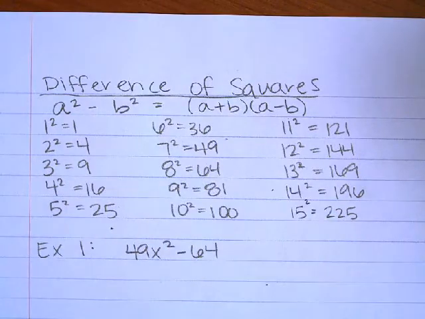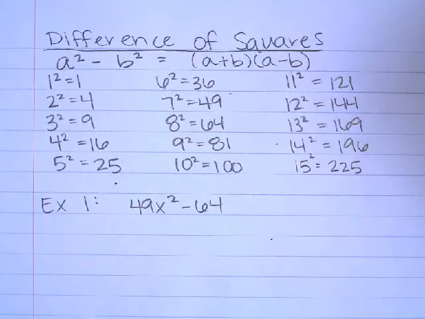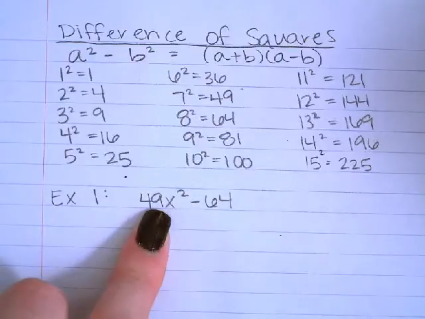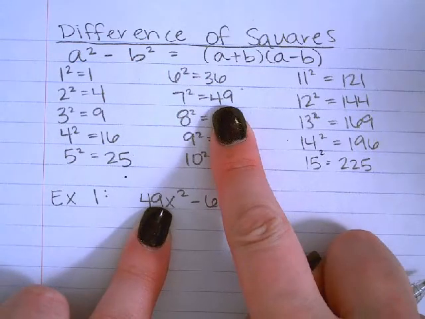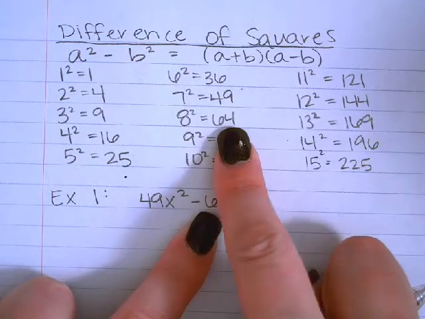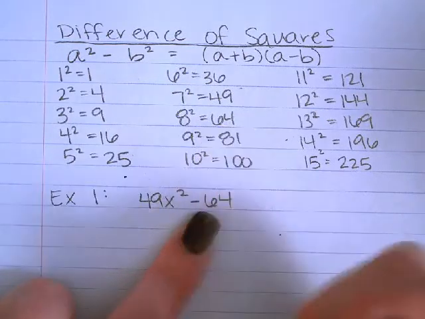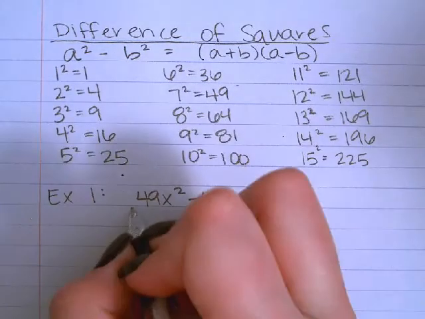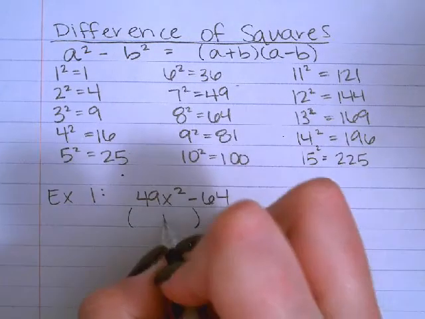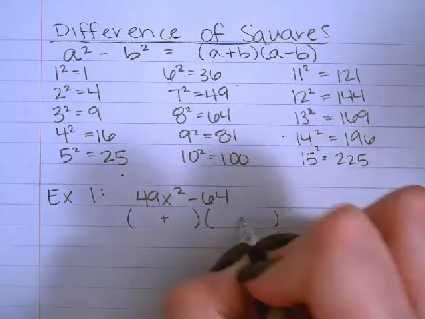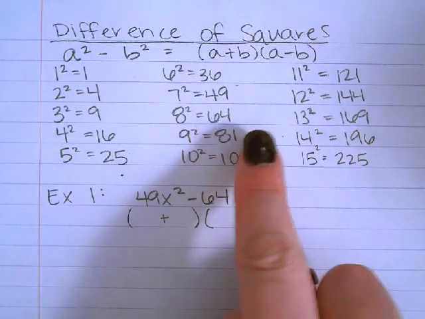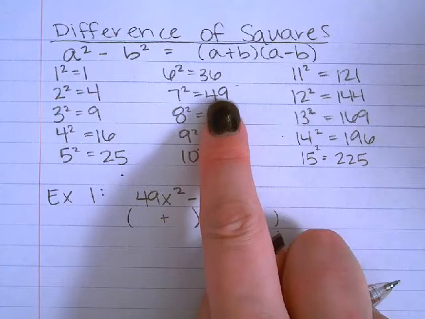So I can tell that this is a difference of squares factoring problem because 49 is a perfect square and 64 is a perfect square. So when I factor this, I do two sets of parentheses, one with a plus, one with a minus, and I just look at the perfect square and I figure out what its square root is.